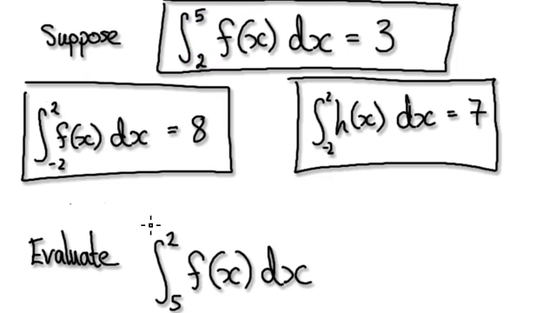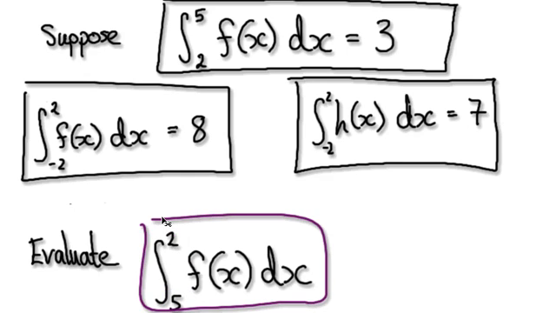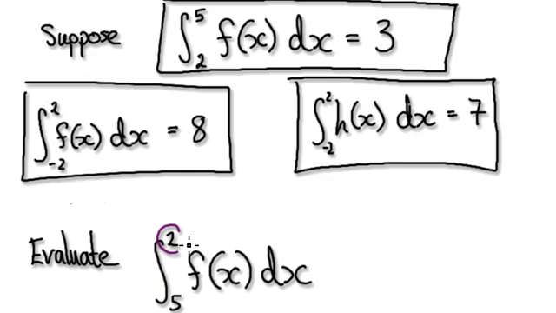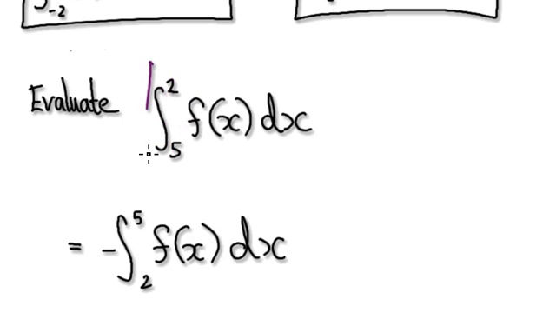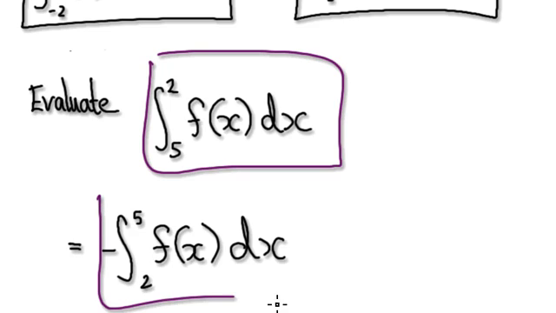So to evaluate this here, if you switch these two around, well, this is what we don't know. But if you switch these two around, then it's something that we do know. But whenever you switch these two around, it becomes a negative version. So this thing here is equal to this thing here.